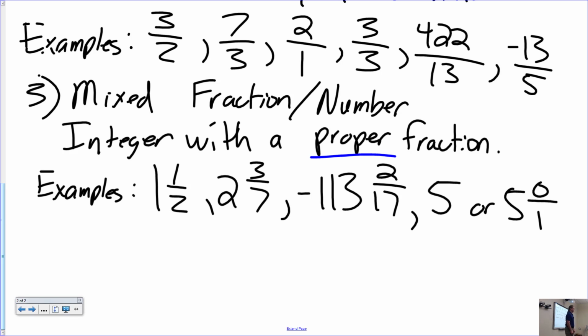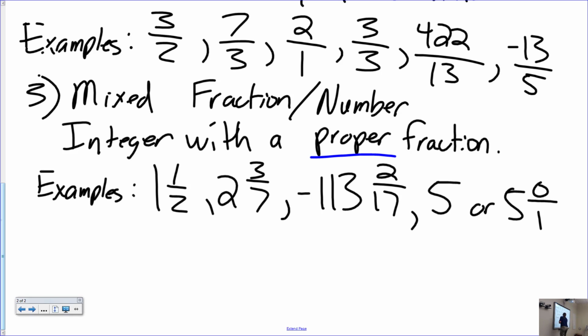But as soon as you see that, what do you think? Yeah, you're weird. That's absolutely right. Okay? It's really weird to write 5 as 5 and 0 ones. It's not wrong, though. It's actually okay. If you wrote it, I wouldn't mark you wrong. I would just say, you're weird like me. And we would move on. Okay? But normally you just write it as 5 and we're all good to go. Okay?